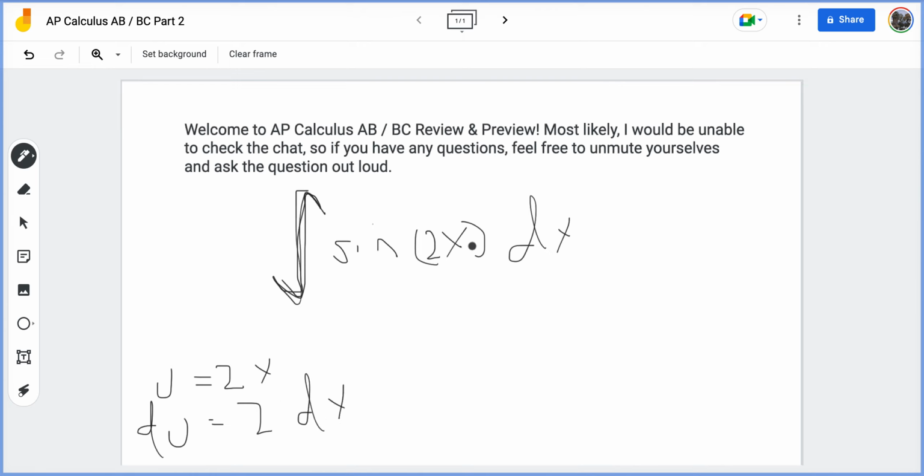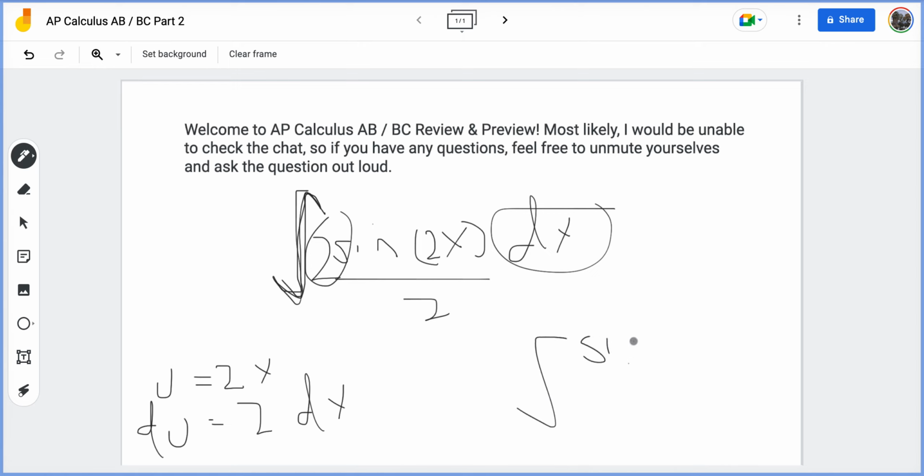So what you would do is you would multiply this by 2 while dividing it by 2. So the 2's cancel off. But what you want to do is you want this 2 times dx to get du. So this is replaced with sine, again, sine of u, because we replaced 2x with u, over 2. And then we have this 2 times dx, which we can replace with du.